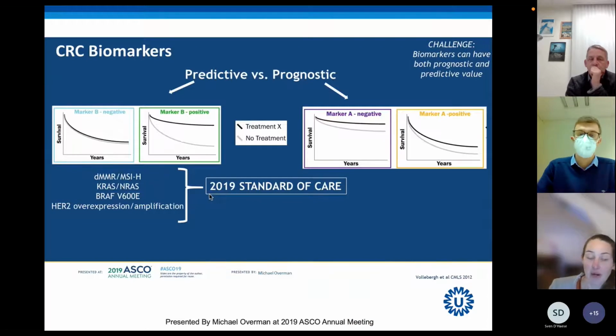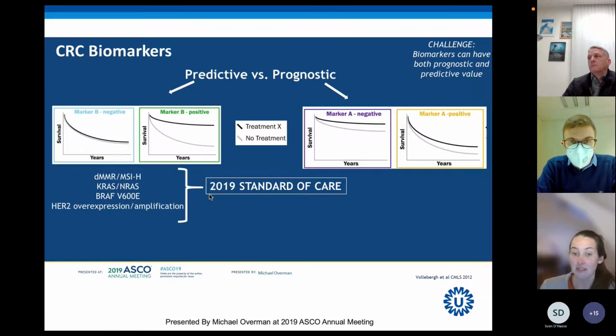If we're talking about biomarkers, you have to realize that there are predictive biomarkers and prognostic biomarkers. Predictive biomarkers can be used to select patients for specific treatments. Prognostic biomarkers can be used to estimate prognosis of patients, but cannot be used to guide treatment decision making.